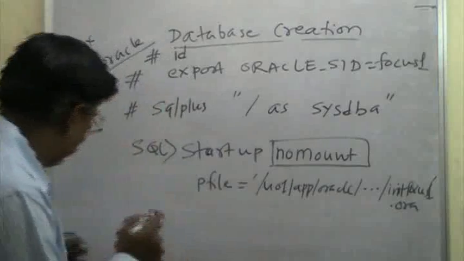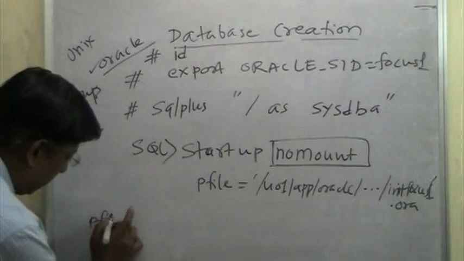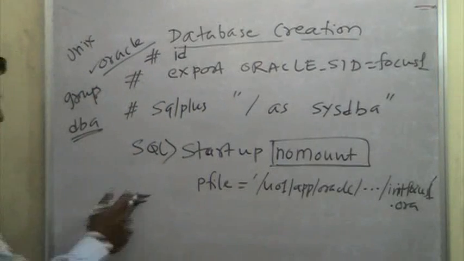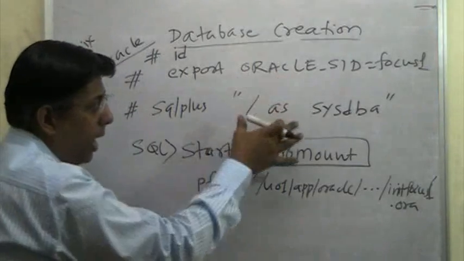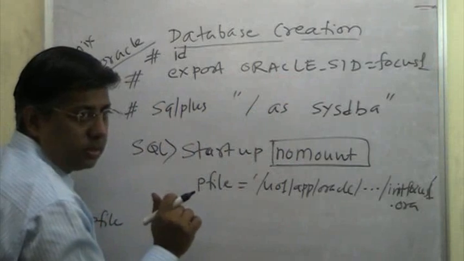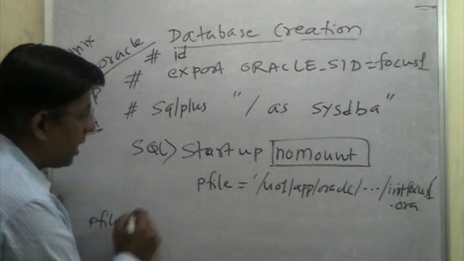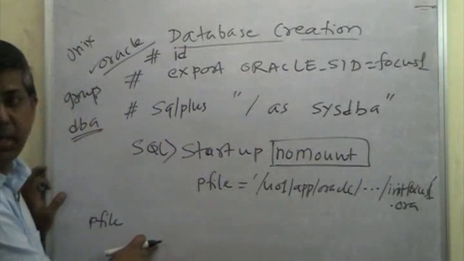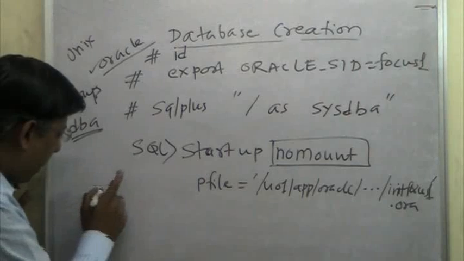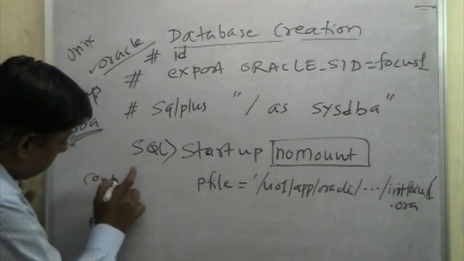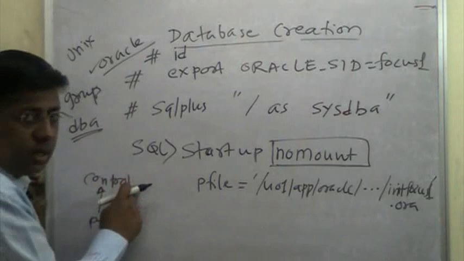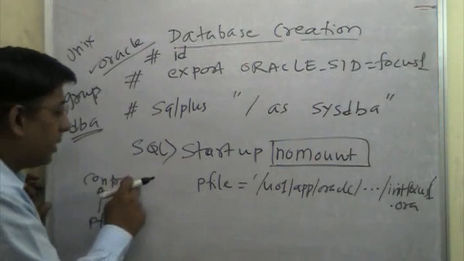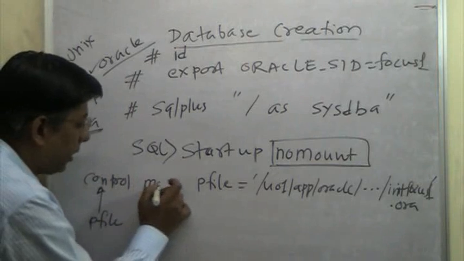If you have the pfile with you, you can start up the Oracle instance. That means you will assign the SGA and the processes will be started, and that state will be called a nomount state. If you have the control files, then the information in the control file is read, and then that state is called a mount state.